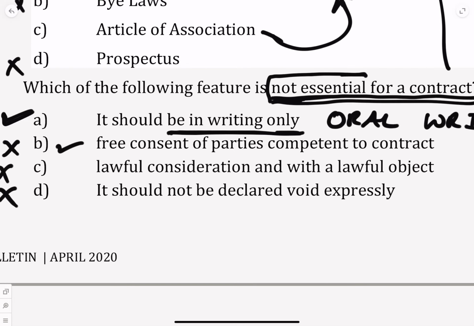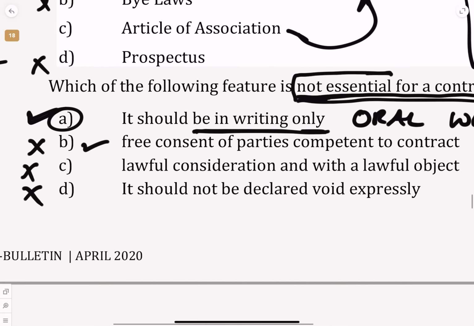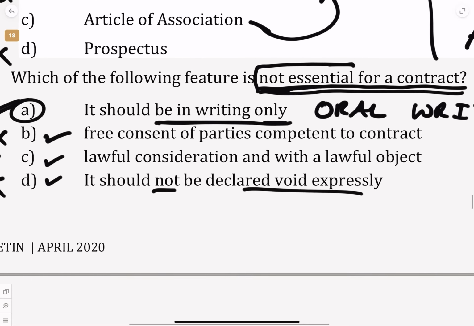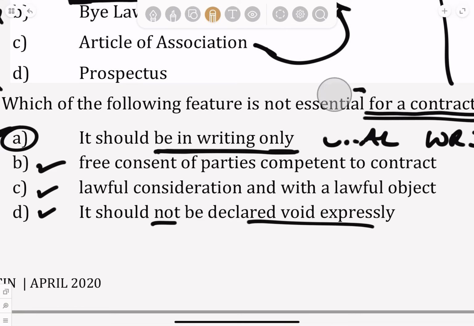This is essential, correct? Now suppose you don't know that A is the answer. Go for the elimination method. Lawful consideration and with a lawful object. Yes, we need lawful consideration, we need lawful object. It should not be declared void expressly. Yeah, this is also essential. So what is the question they are asking us here? We need to understand that very well.